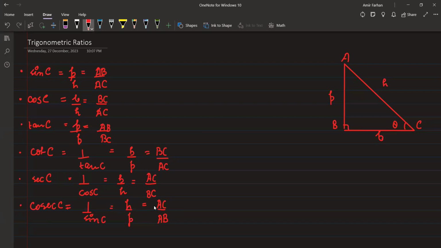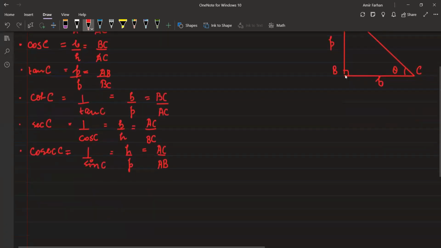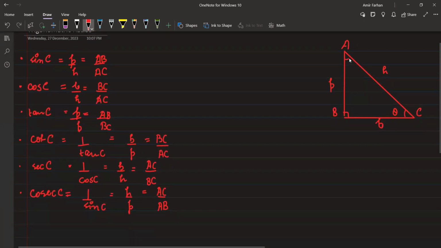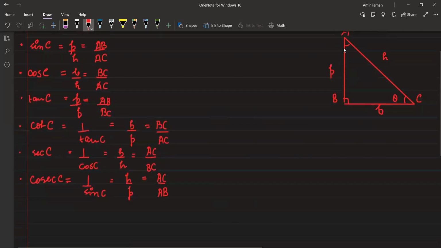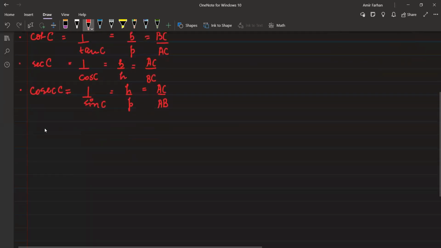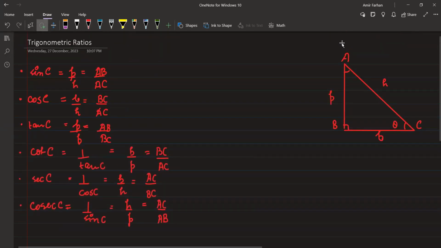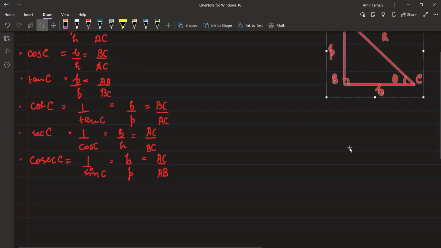Okay. So let's find out what happens if you change the angle. Now in the next portion, we will be taking A as theta. Clear? So let me draw this triangle. Let me copy this triangle here.